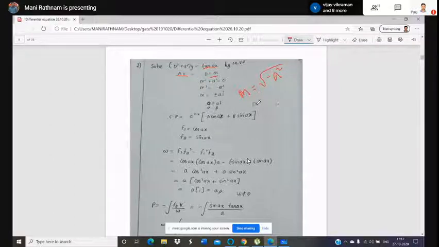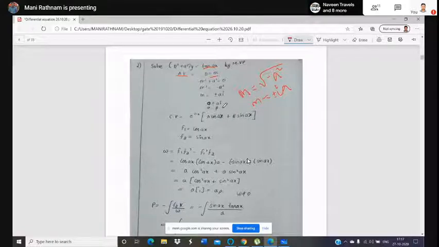When there is a negative sign inside the square root, it represents the imaginary part i, and root of a square becomes a. So m equals plus or minus ai.